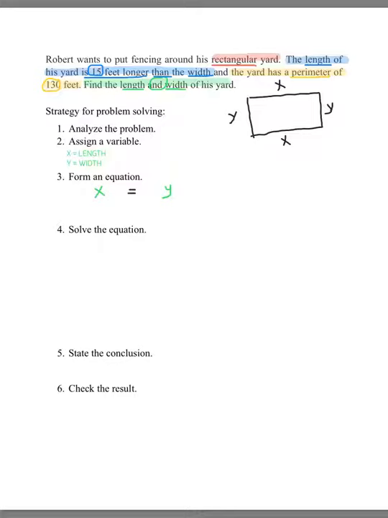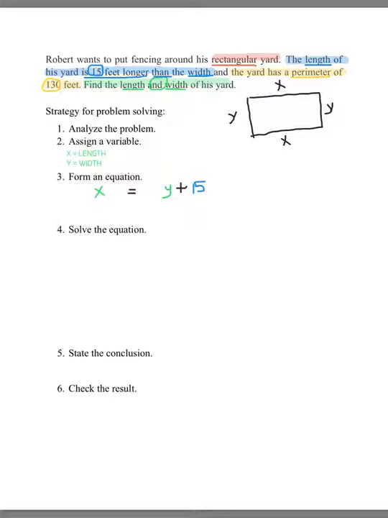If we want this equation to be equal on the left as it is on the right, we're going to have to add 15 to the smaller, which means we're going to add 15 to the y. Let's verify this just to make sure. The width is smaller and the width is y, so if we add 15 to that, we should get the bigger, which is x, or the length. So yeah, makes sense.